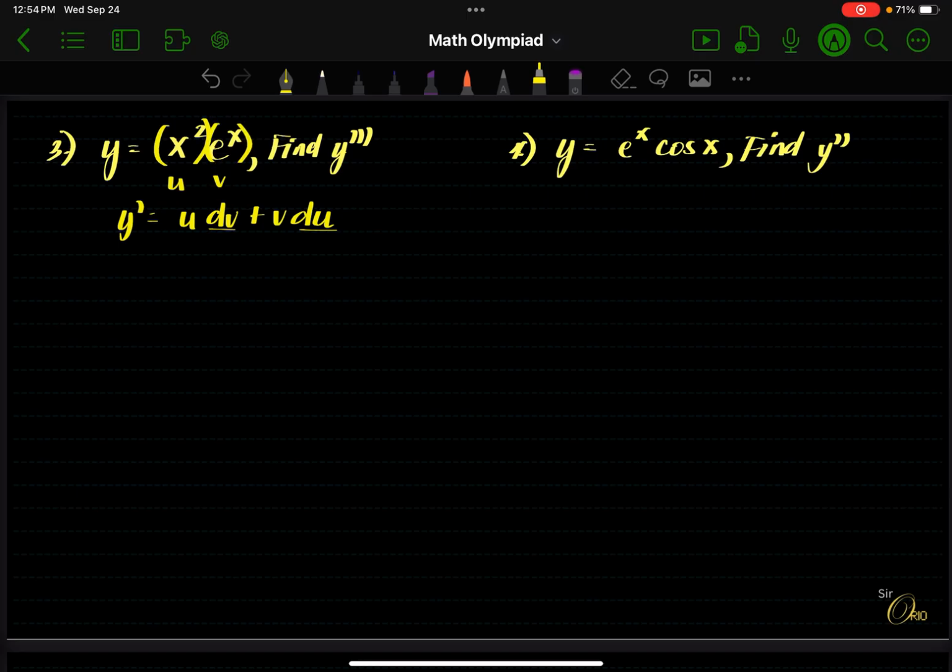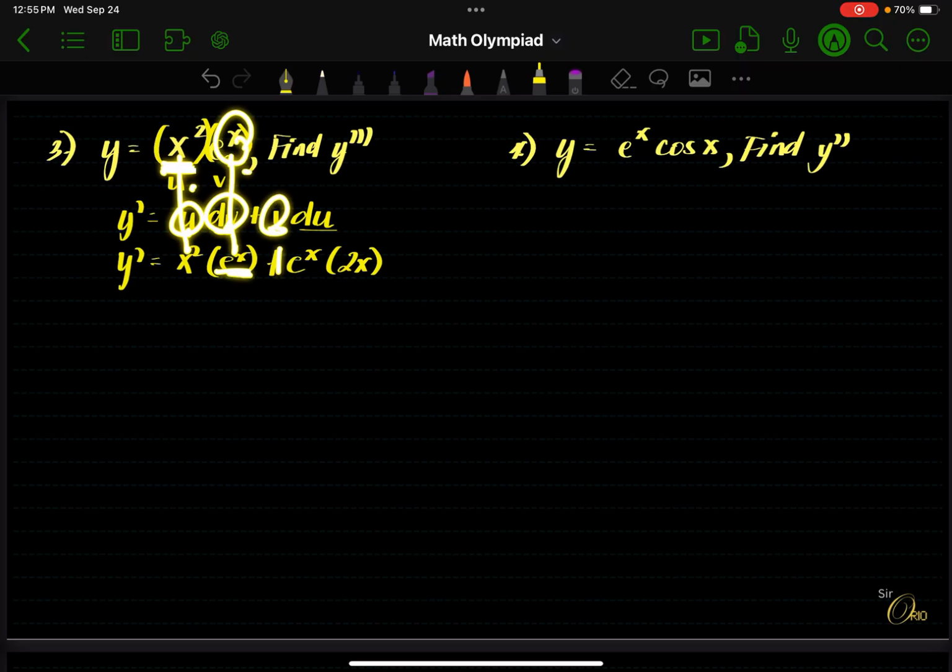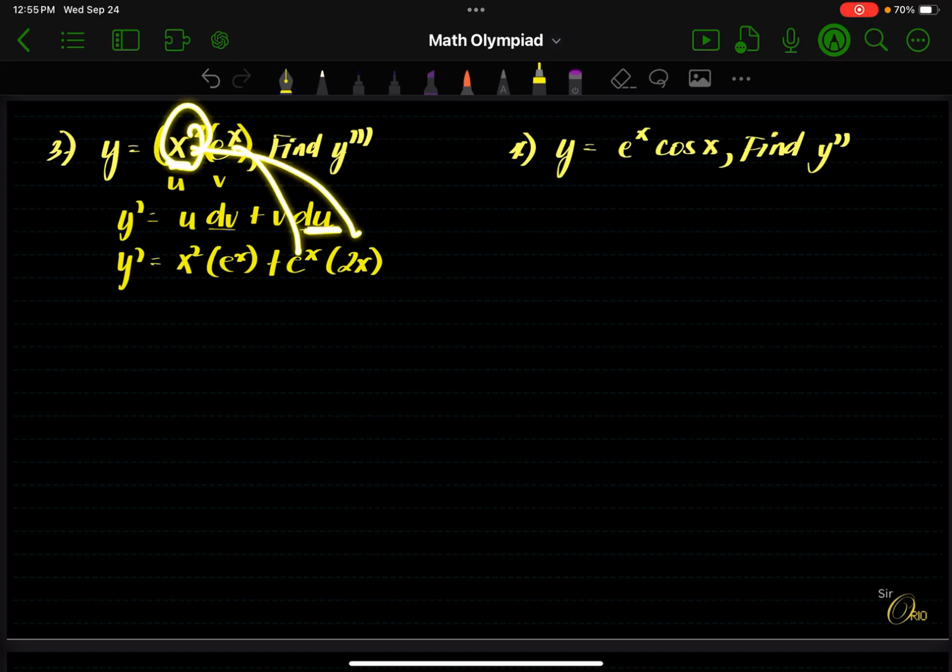Following this pattern, our first derivative is copy u, the x squared, times the derivative of v, which is e raised to x, plus copy v, e raised to x, times the derivative of u, that is 2x.